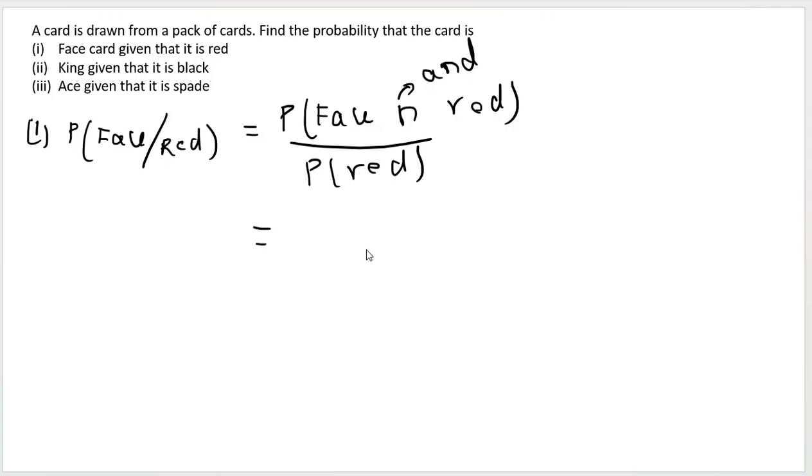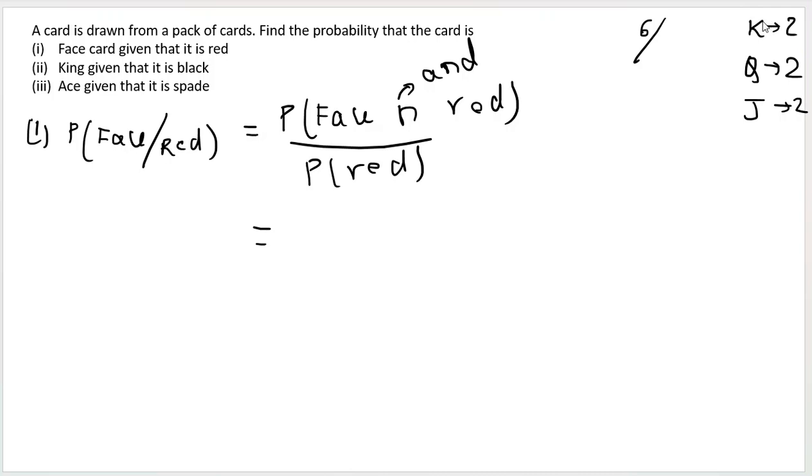Now we are interested in those face cards which are also red cards. If you observe, there are 6 face cards which are also red cards. These are the king of heart as well as of diamond, the queen of heart as well as of diamond, and the jack of heart as well as of diamond.